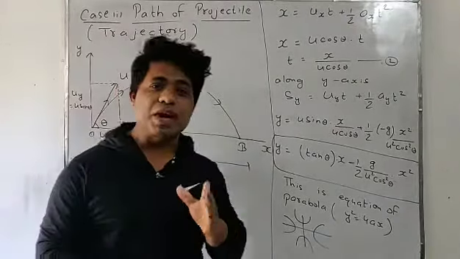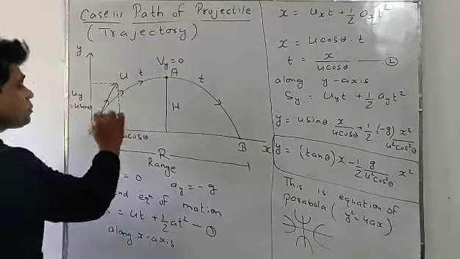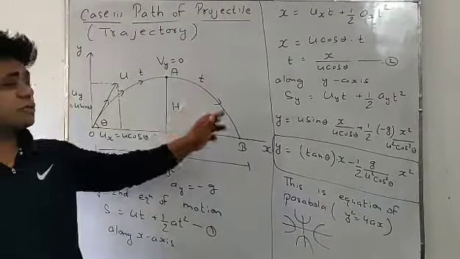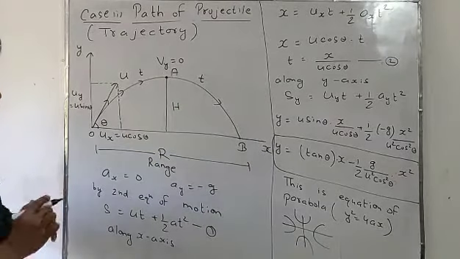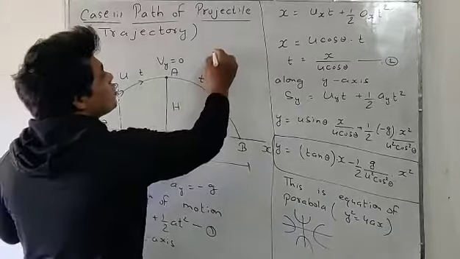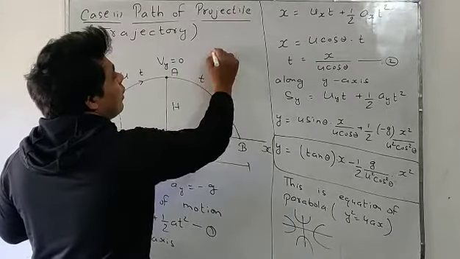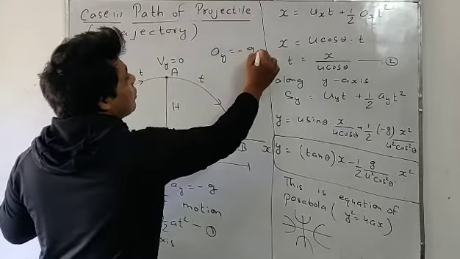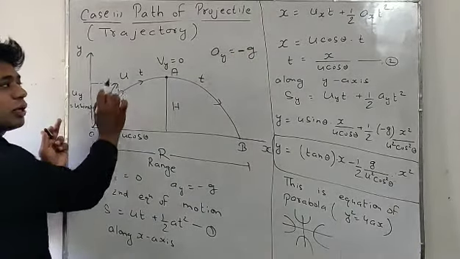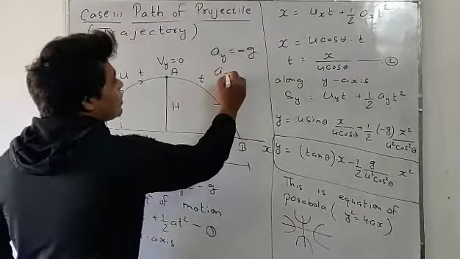So the very first case is its path, which is called the trajectory. We'll find what its form should be. And one more thing: when we throw the object upwards, that is opposite to gravity. That's why acceleration along the y-axis will be minus g. Why do we use the minus sign? Because we are throwing the object opposite to gravity. And ax equals 0.